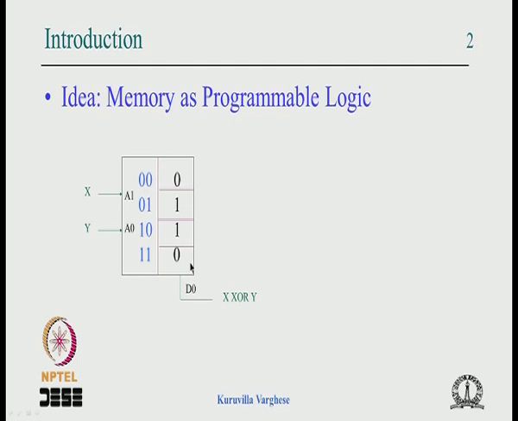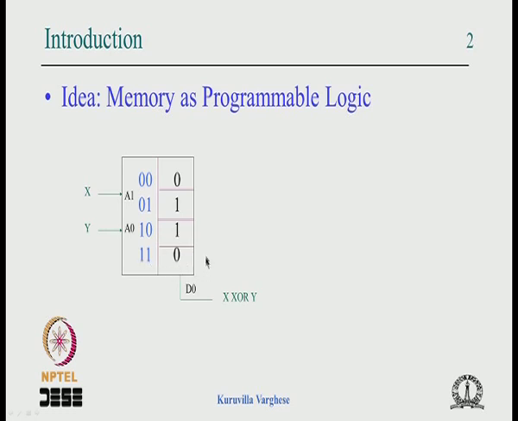for writing or reading. Now assume the truth table of x XOR y is programmed in these 4 locations. So basically the function x XOR y is 1 if either of the inputs is 1. If both inputs are 0, the value is 0; for 0 1, that means x bar y, it is 1; x y bar is 1; x y is 0.